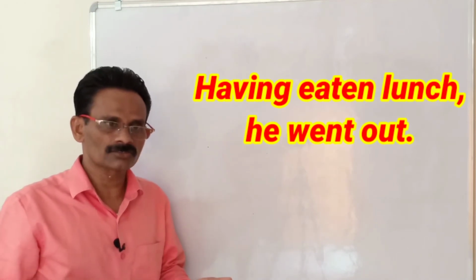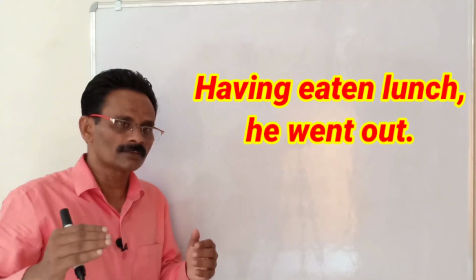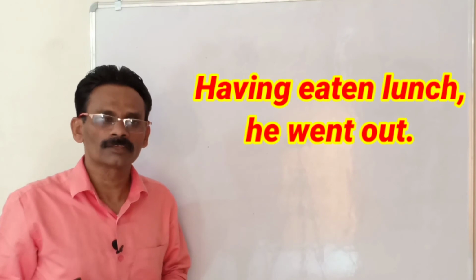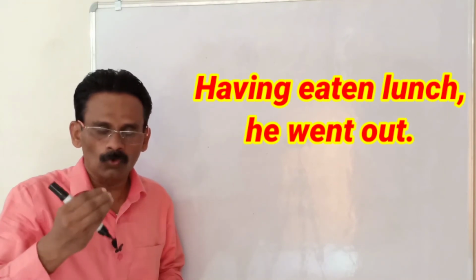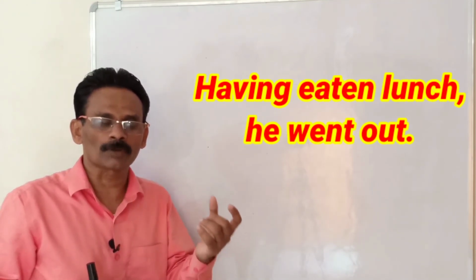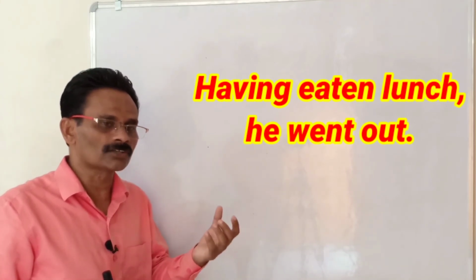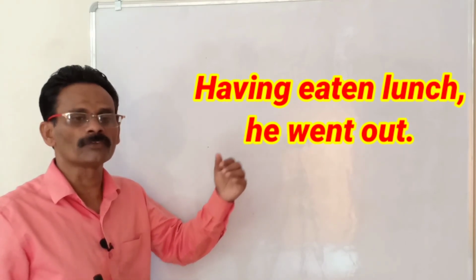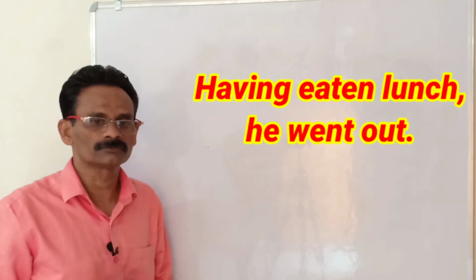He ate his lunch, he went out. So here, if you say eating lunch, he went out, it will be wrong, because it shows that when the action of eating was in progress, he went out. That does not make proper sense. When there is a time gap between two actions, we use having plus the third form of the verb. Having eaten lunch, he went out.